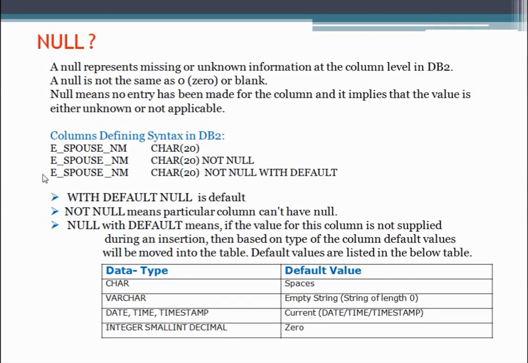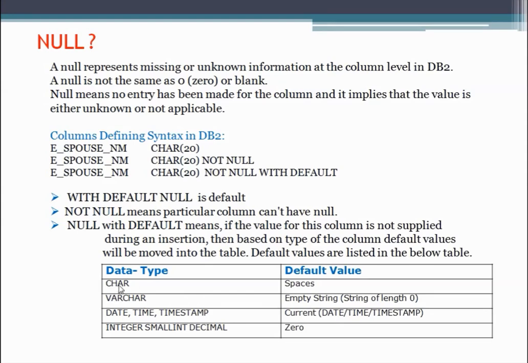And let's say you have defined that employee spouse name using this syntax, NOT NULL WITH DEFAULT. It means when you try to insert a value in this employee table and you skip the value of spouse name, then whatever the default value is for this type, it will get inserted there.